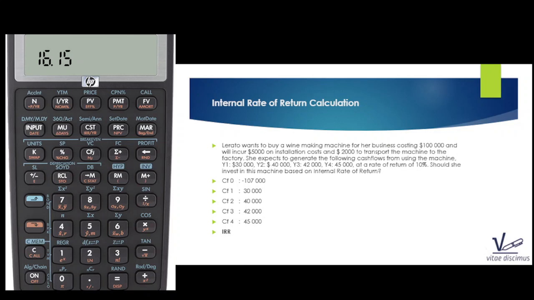But in the context of IRR, you are also saying that you are getting a return of 16.15%, which is more than your 10% required return or cost of capital. So you can invest in the project because it's giving you a higher return of 16.15% compared to your cost of capital.